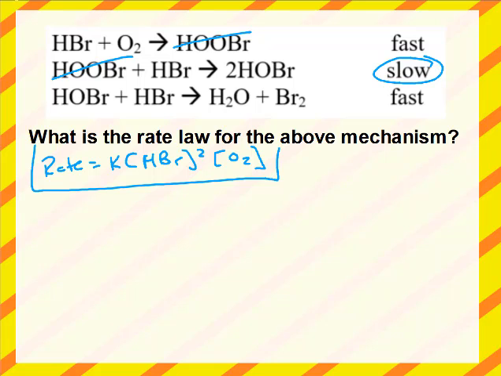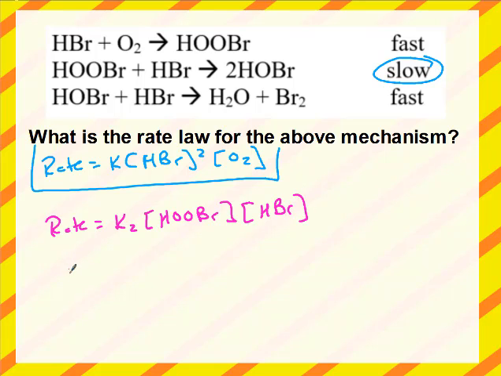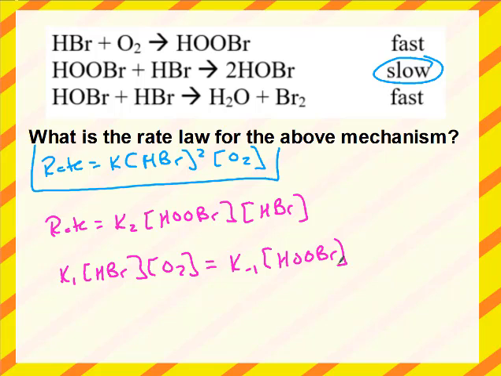If I was to do it the long way, so to write the rate law for the second equation, which is my slow step, rate is equal to K2, and then for my first step, I have K1 is equal to HBr times O2, K negative 1, HOOBr. Rearranging for my intermediate, and then plugging it all in.